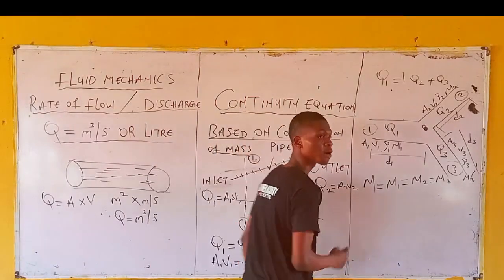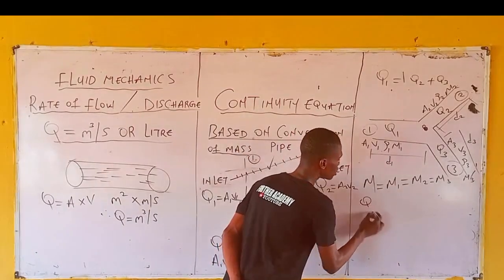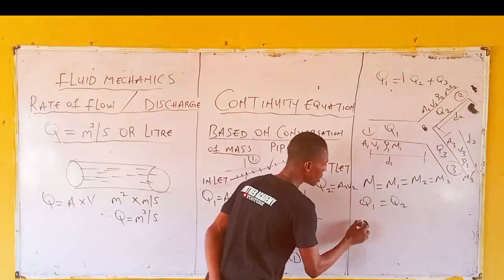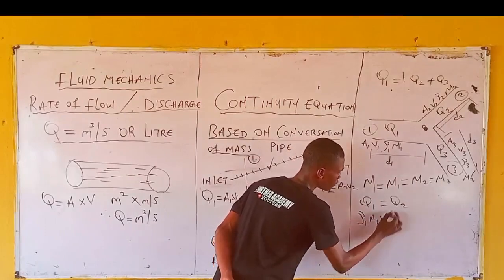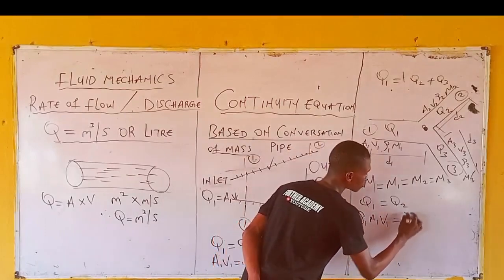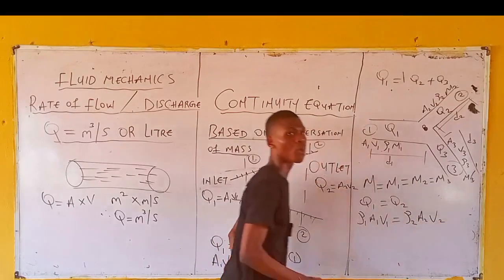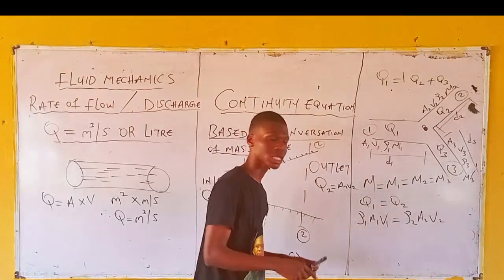Now, let's see this. From the continuity equation, Q1 is equal to what? Q2, right? Meaning rho 1, area 1, V1 is equal to rho 2, A2, V2. Call this equation 1. But in this case, we said density is constant.